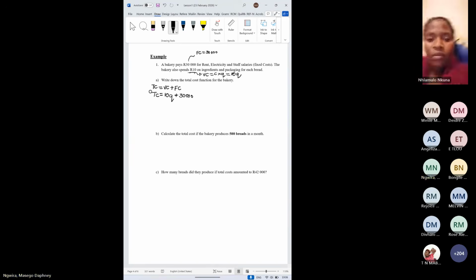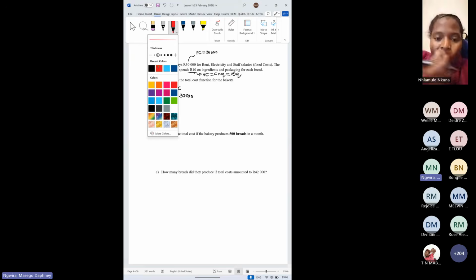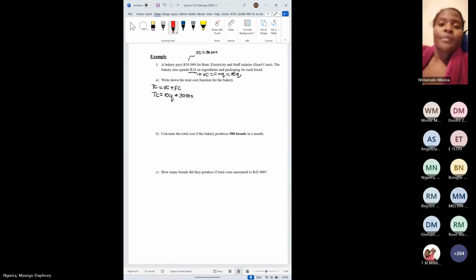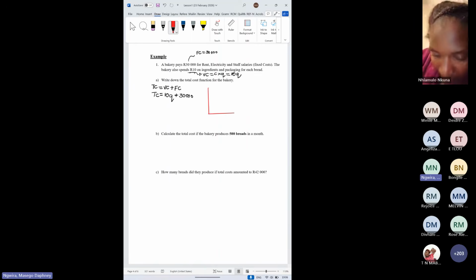All right. So remember I said, when you draw a graph, this one is where your graph starts. If you remember when I was doing the first graph, I said when you plot this graph, you're going to start from this value. So if I was to draw this graph with this information, I am going to have a vertical line and a horizontal line.